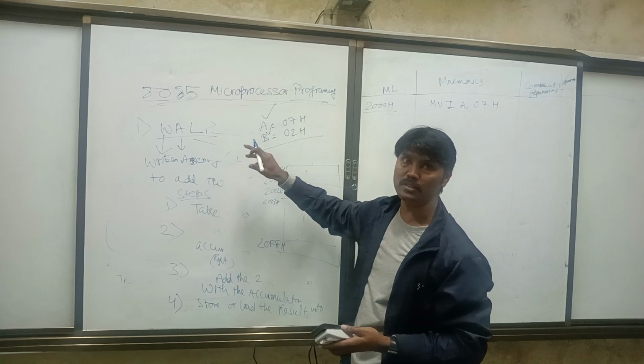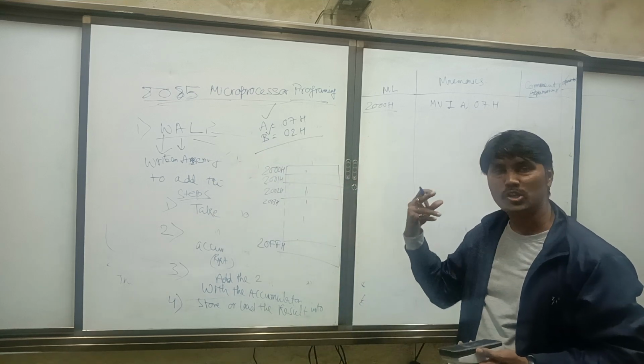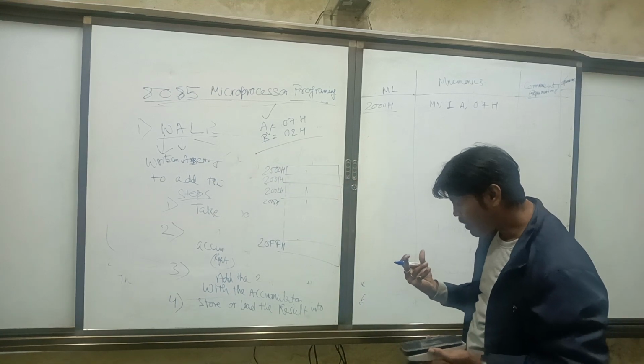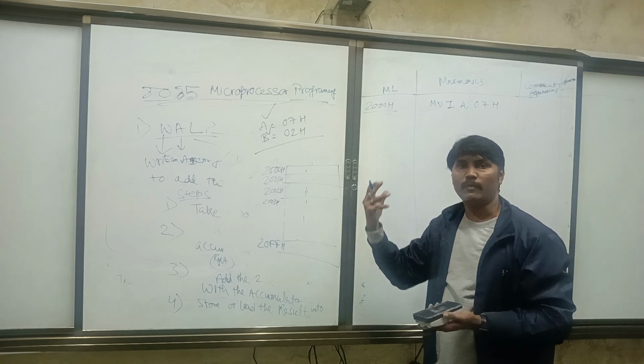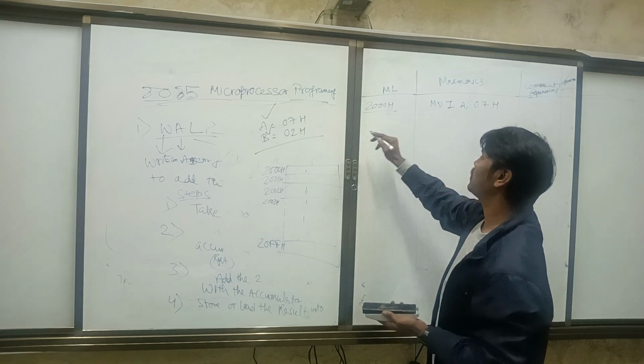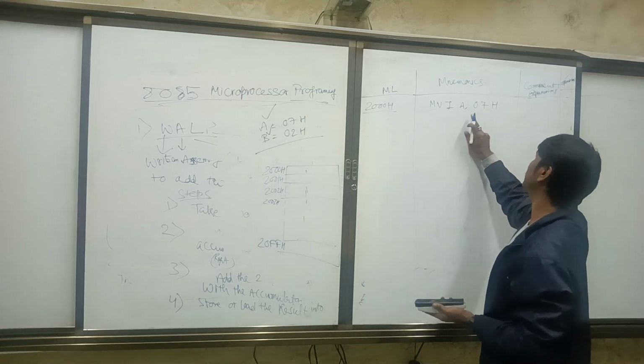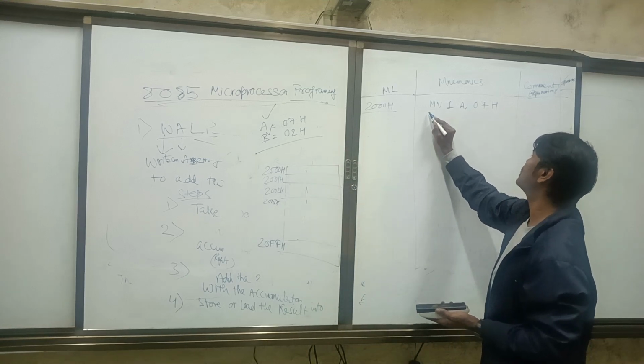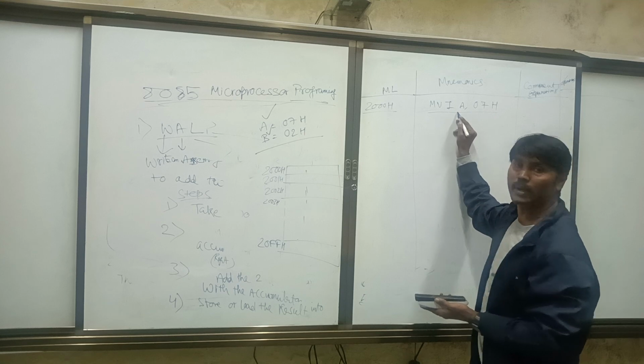Don't take F, because F is a flag register which is used to provide the status of a program. Whenever I have written MVI A, 07, earlier I told you this is a 2-byte instruction.